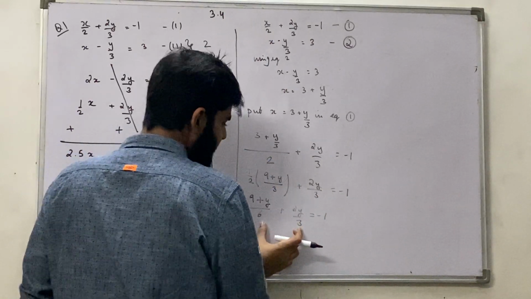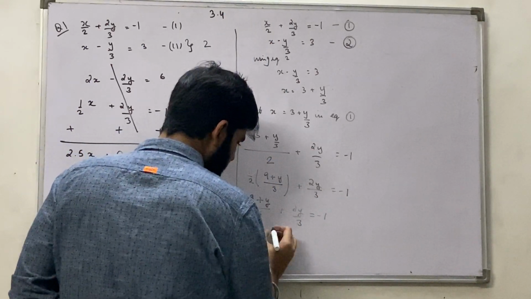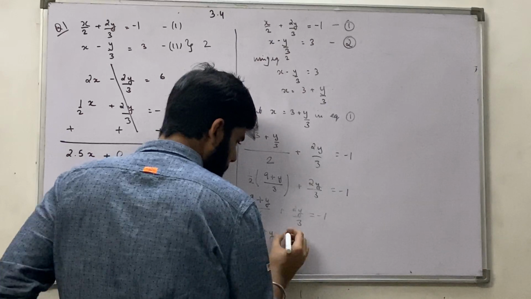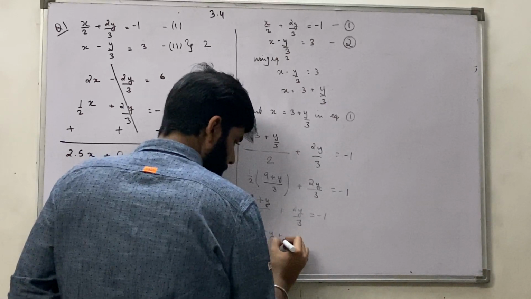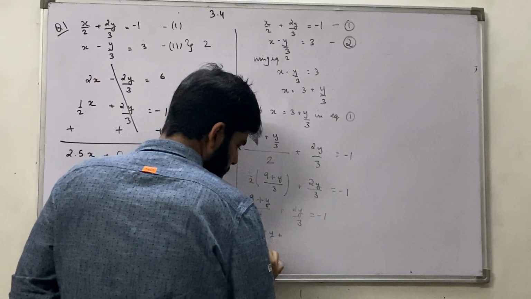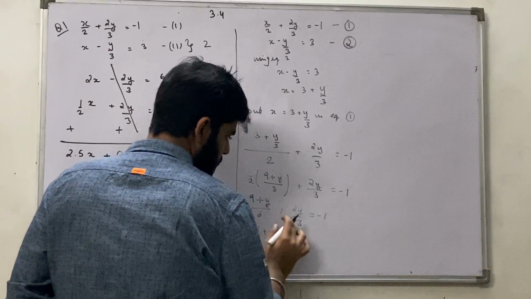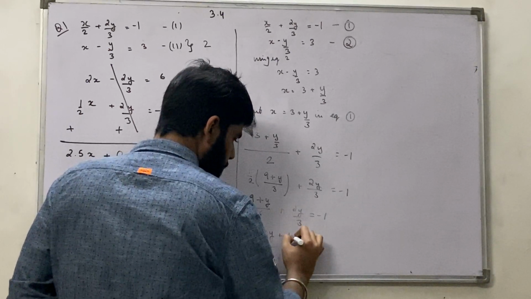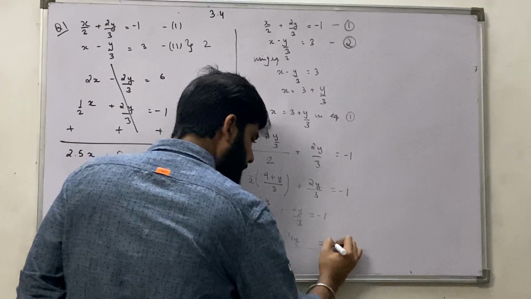We will take an LCM. This will come out to be 9 plus y plus, because the LCM was 6, this will get multiplied by 2, 4y is equal to minus 1.